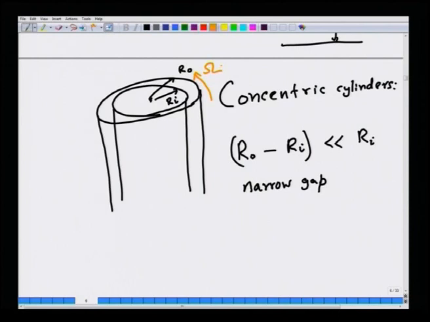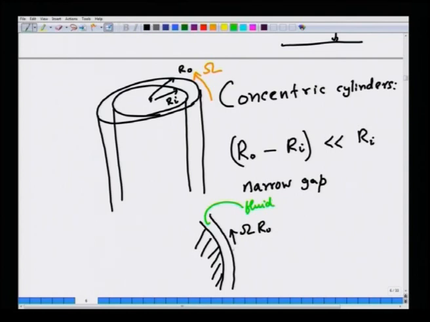If I draw the top view, with the gap too narrow and one cylinder moving with a constant angular velocity, the linear velocity is omega times r_o. The inner cylinder is stationary and the fluid is present only in the gap, so the gap is occupied by fluid.